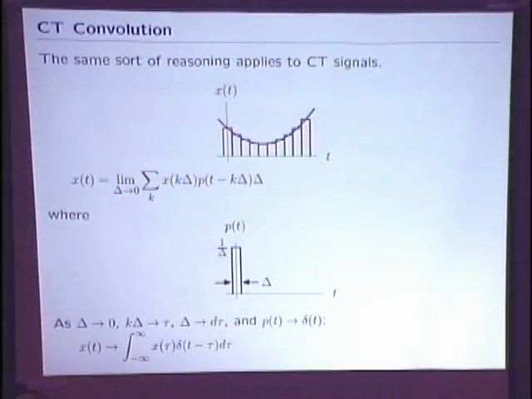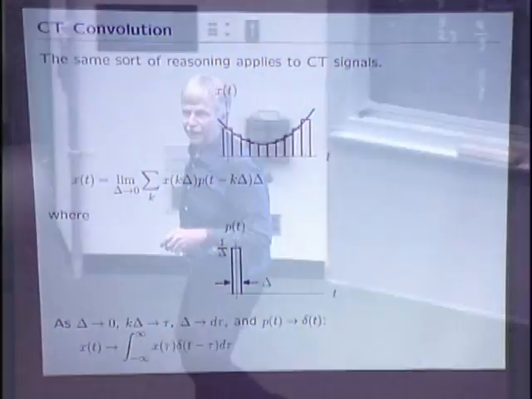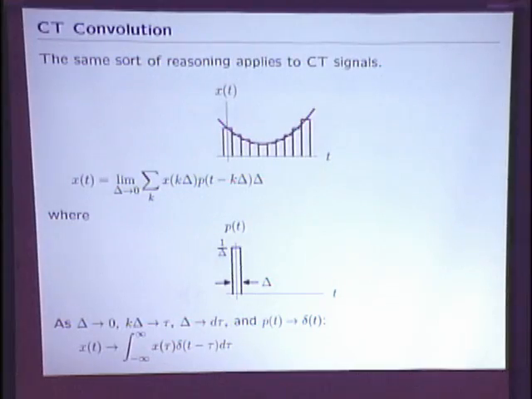In the previous case, we summed together weighted versions of a unit sample signal. Here the sum is replaced by an integral, and it's weighted just like it was before. Okay? The point is that the mathematics for CT and DT look very similar. I decompose, in the case of CT, an arbitrary signal x of t into an integral of weighted unit impulse functions.